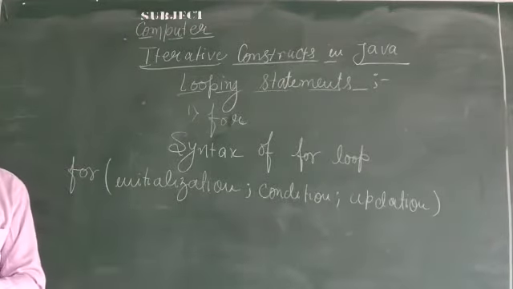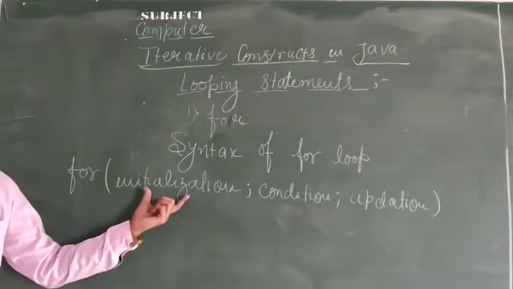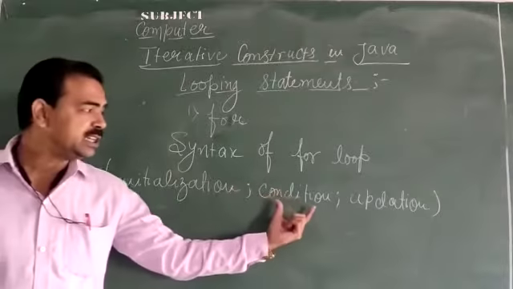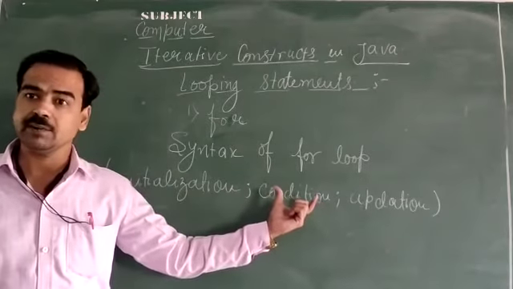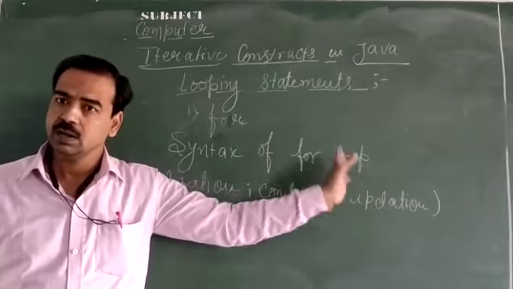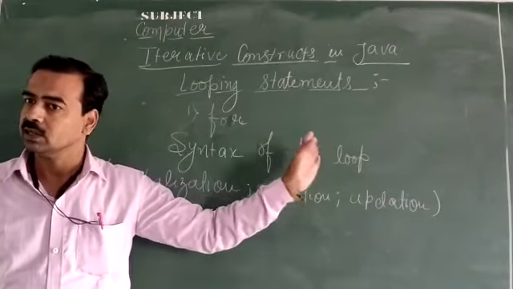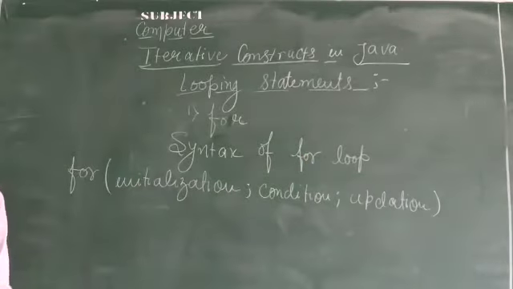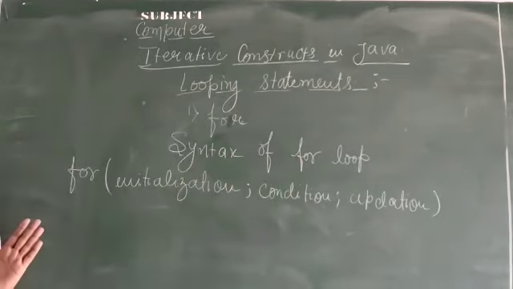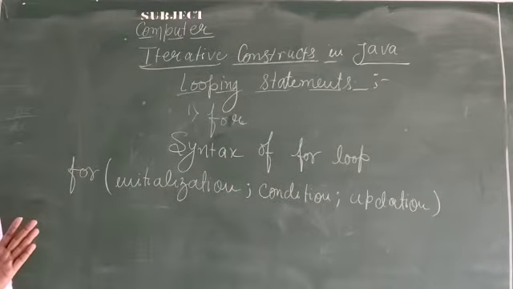Places are decided. Initialization will come first. Condition will come second. Updation will come last. Then if our program is saying to skip the initialization, we cannot put the condition at first.